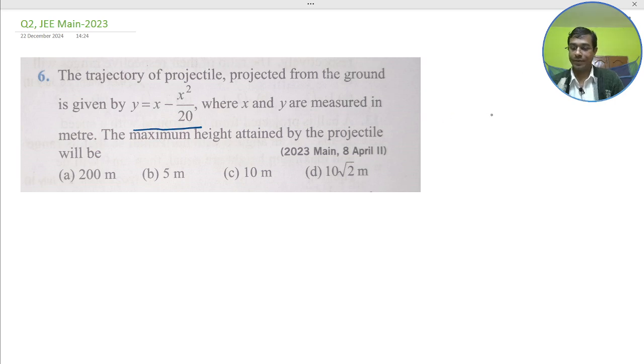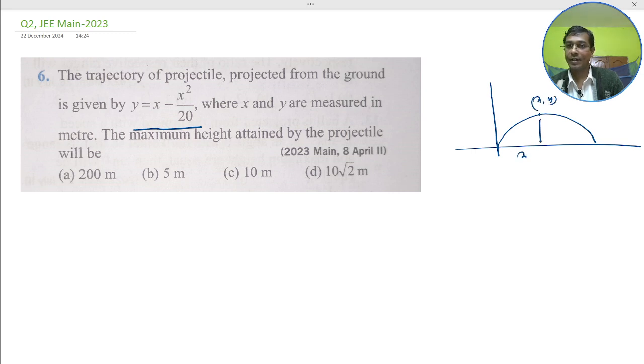So here, this is the projectile motion, this is a point x and y. This trajectory is defined by the equation y equal to x minus x square by 20.